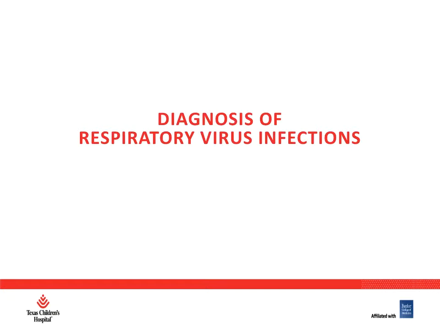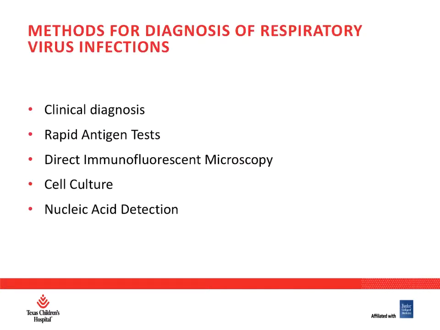So it's important that we're able to diagnose these respiratory virus infections. Antimicrobial stewardship is important in one aspect, and also for our most vulnerable patients, we want to accurately diagnose these infections.